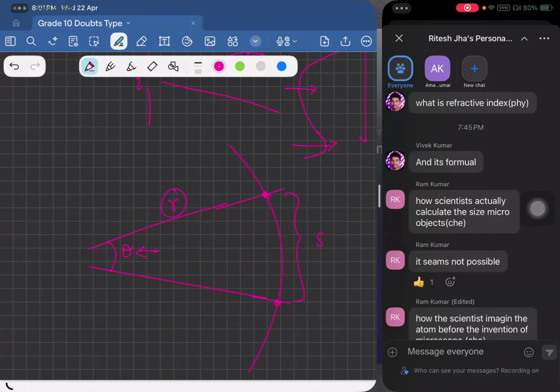In maths, you will have learned that the arc length s is equal to theta over 360 into 2 pi r, right? Am I audible? Yes, sir. Do you understand what I mean here?